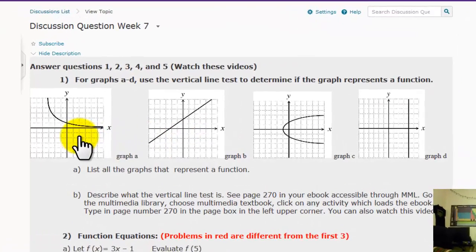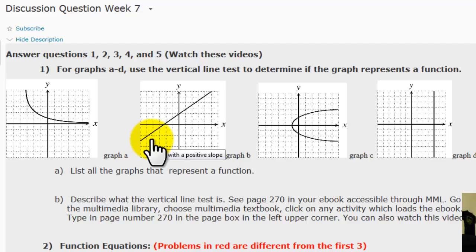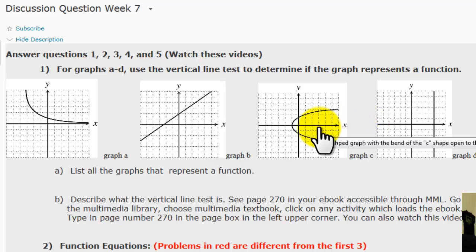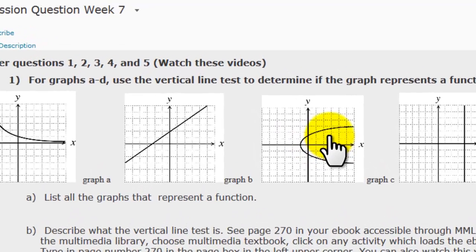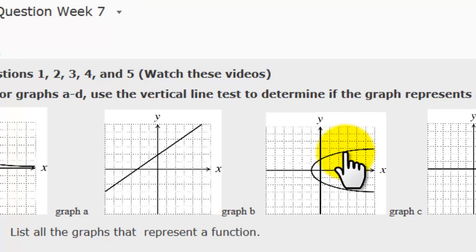All right, out of these 4 pictures, graph A, B, C, and D, to understand whether one is a function or not, you have to look at whether there are 2 y values for the same x. In other words, in this graph here, where x is 3, you have a negative point.